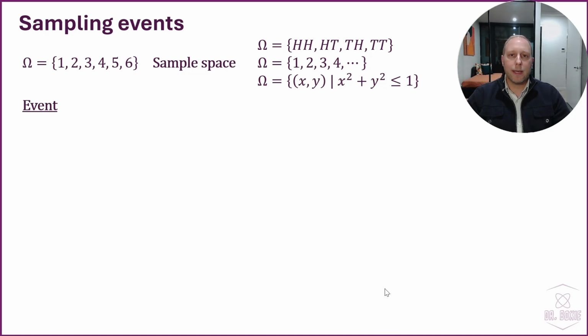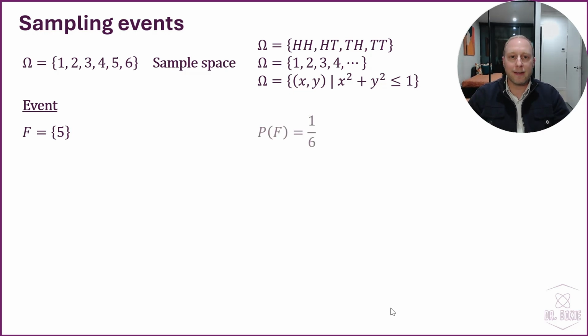Now we will also look at a concept known as an event. And it sounds a bit like a circular definition, but an event is basically anything where we can ask what is its probability. So going back to the sample space of a die, throwing a die, one possible event can be I throw a 5, and even without defining the concept of probability, we have an intuitive understanding of what the probability of throwing a 5 would be.